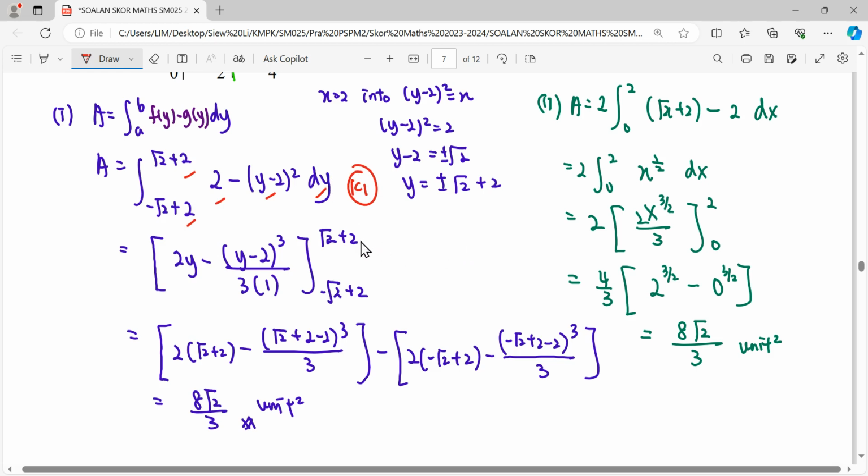Then the next step is the concept of integration and substituting the upper limit minus the lower limit. The final answer will be your value. For the second part, also formulate your area correctly: upper limit, lower limit, the function at the top minus the function at the bottom, then dx. Then integrate, substitute your limits, and lastly, the final answer.